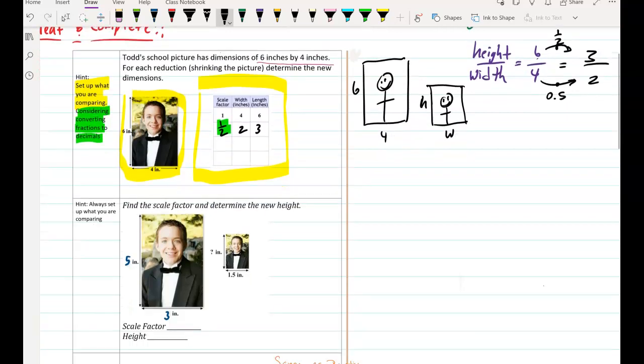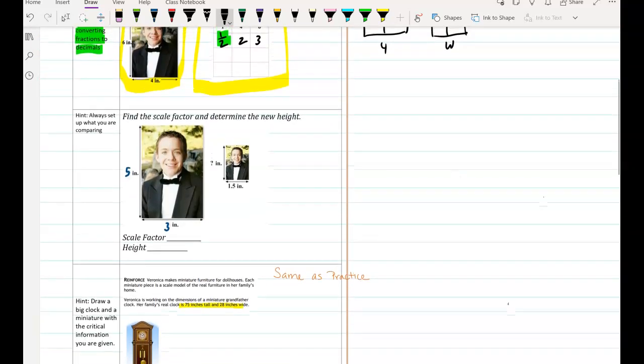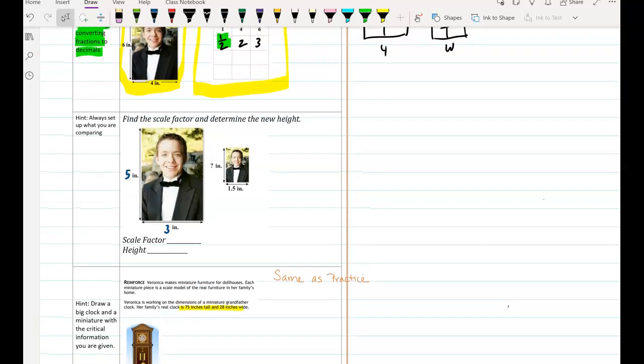Okay, now let's go on to the next question. We want to find the scale factor and determine the new height, because as you can see, we don't know the height of the new picture. So we can set up our proportion, and remember that's a couple of ratios that are equal to each other.